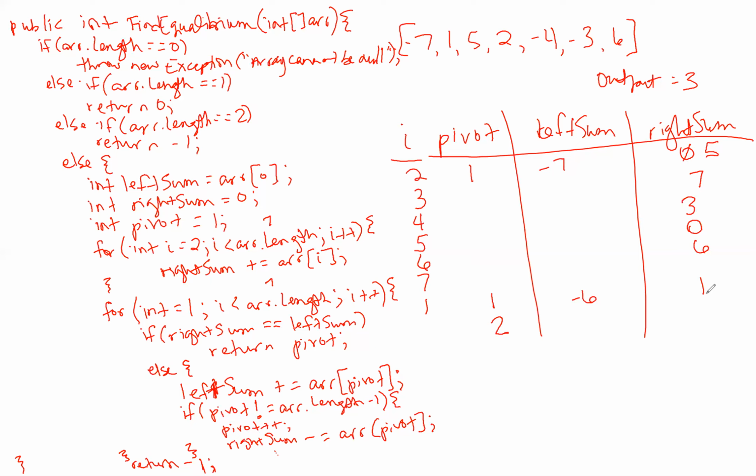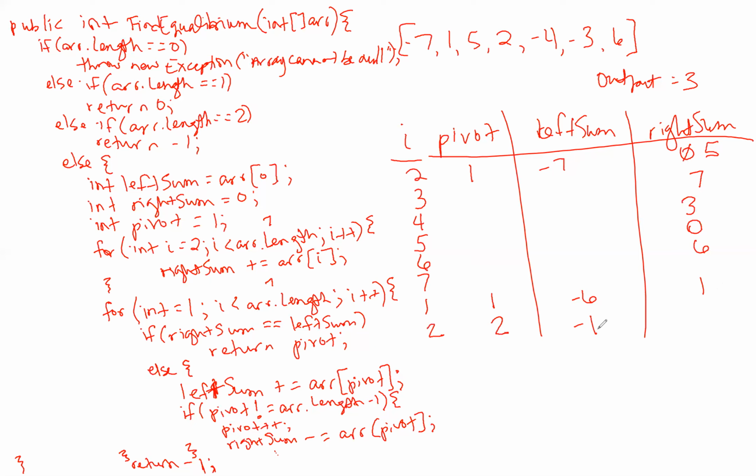Okay, and then i++, i is now 2. 2 is less than 7. So if right sum equals left sum, okay, right sum is 1, left sum is -6, so that doesn't work. Else, left sum plus equals array at pivot. Our pivot is 2. So left sum plus 5 is -1.